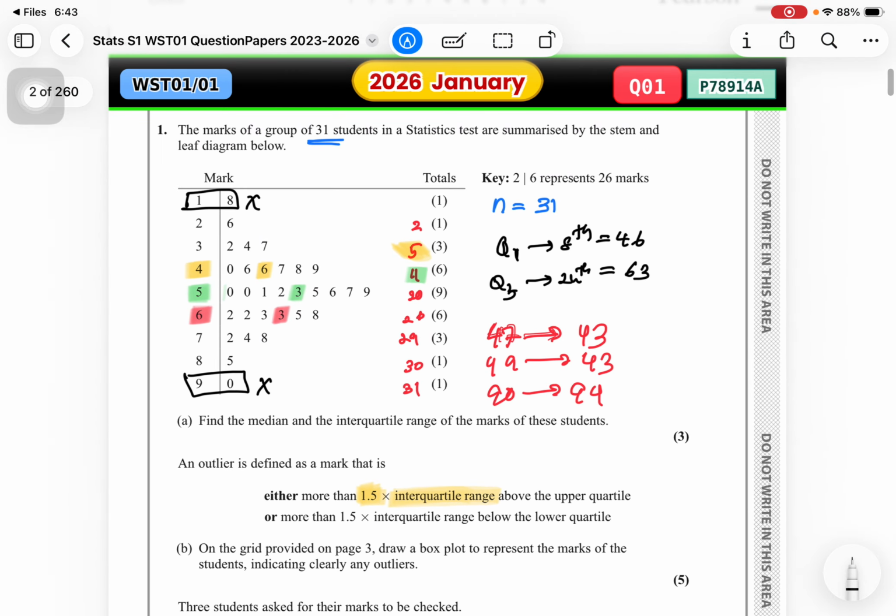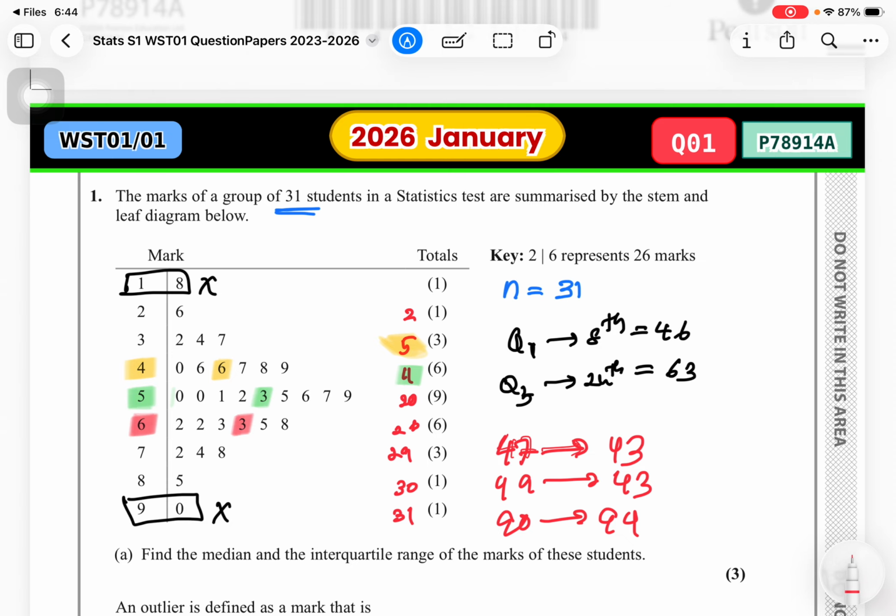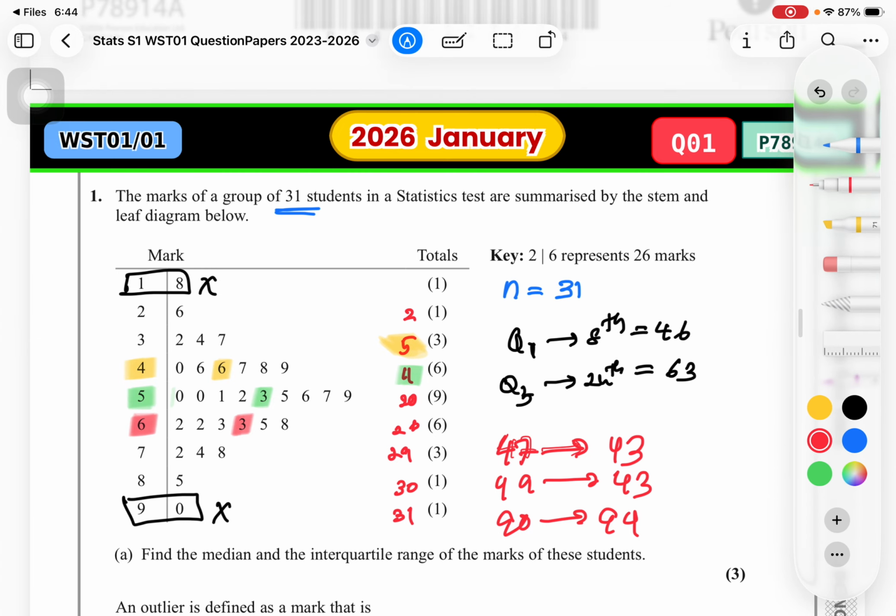Okay, let's quickly see where this new data comes from. So 43 is replaced, that means now the 43 is not there in the equation. So every time you get such a question, try to do it by yourself. It's 47. That means this data is not there now.